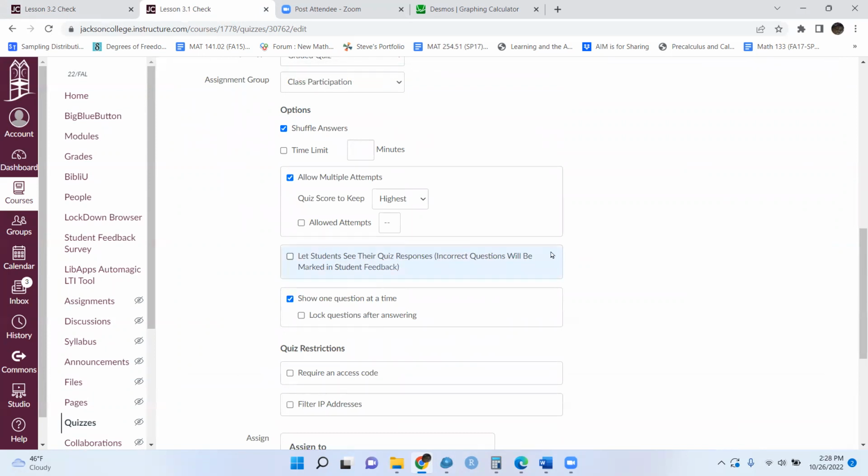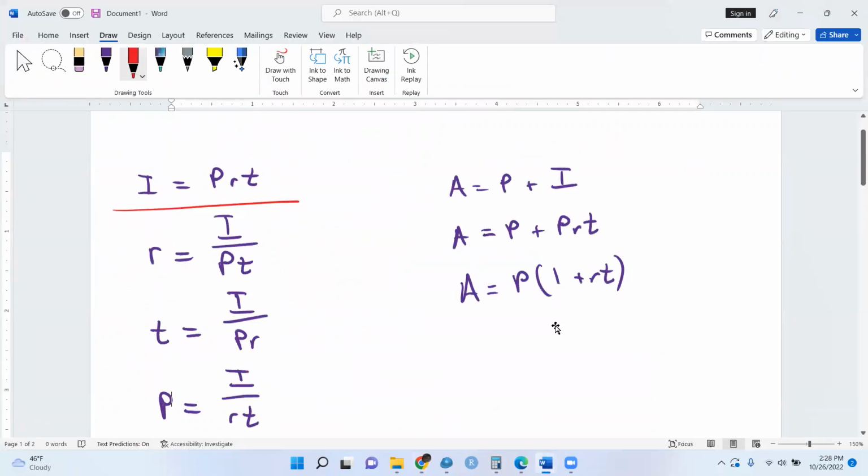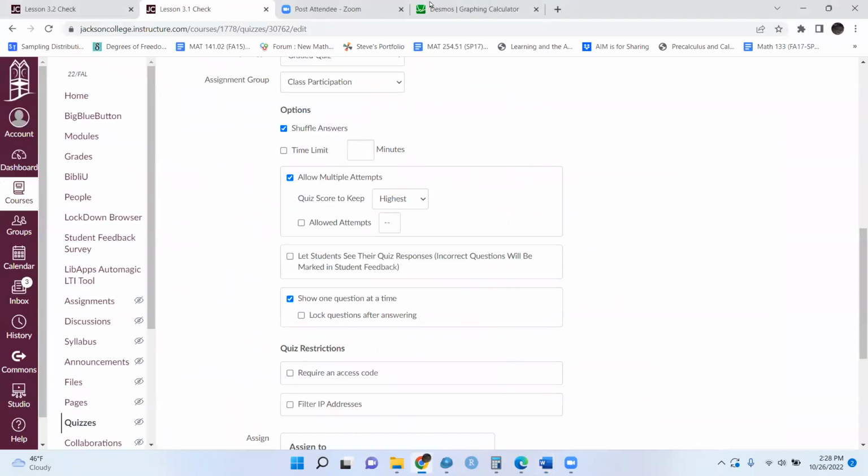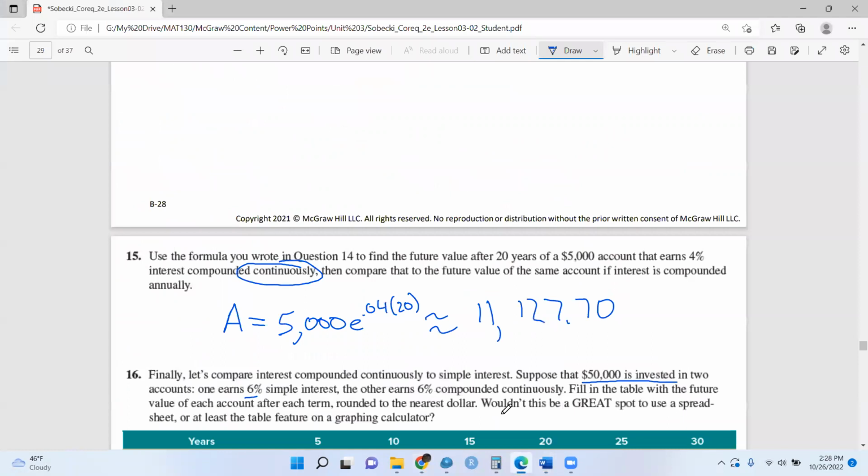Actually, before I put you loose on the worksheet practice, let's write up all the formulas we just learned. So for compound interest, oh, the answer, it was this. This is lesson check 3.2, 11,127.70.